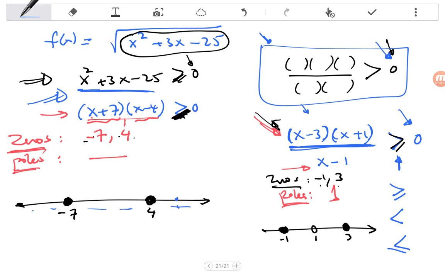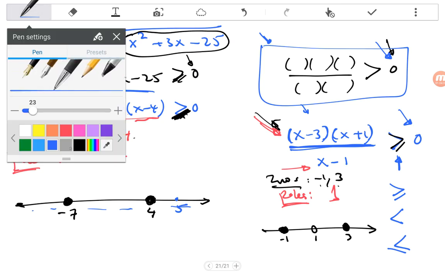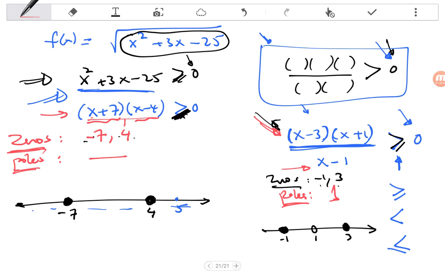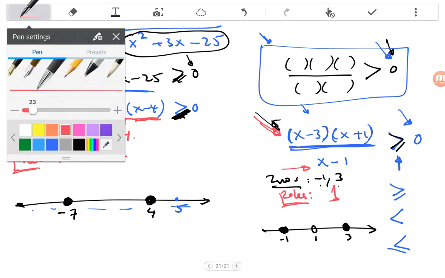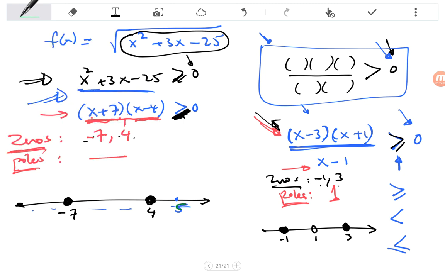For example, if I take here 5, we just choose a number in this interval. Now, if I put 5 in this expression, 5 minus 4 will give me a positive number. 5 plus 7 will give me a positive number. Positive times positive will be positive. So that part will just be positive like this.